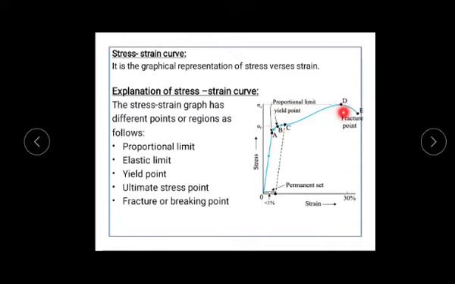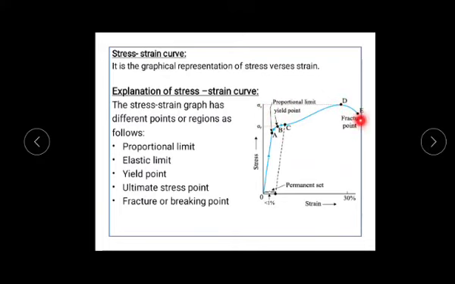Then from B to D, the variation of stress is very less, but strain is rapidly increasing. And at this part D, stress is not at all proportional to strain, which means the material has lost its elastic property, and it exhibits only plastic behavior. Then this point D is called the ultimate stress point.